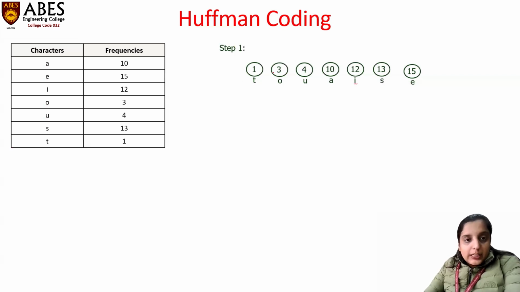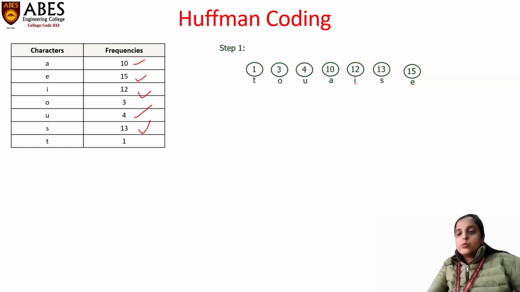Then after that, O. Then it should be U. Then next one is A. Next is I. Then S. So the first step is you have to arrange all your alphabets as per their frequency in ascending order. Once you have arranged it, then you can start building your Huffman tree.